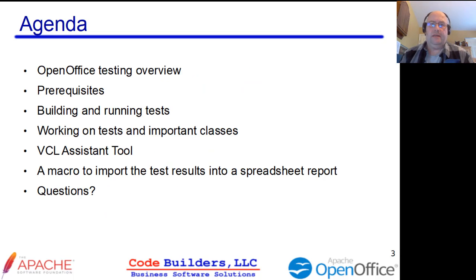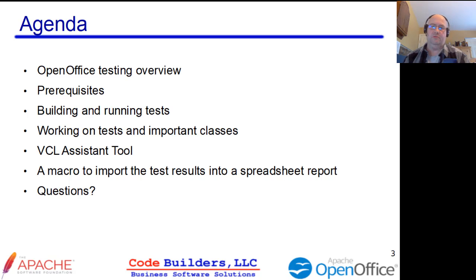The agenda for today: we're going to do an overview of the testing framework, some of the prerequisites that you'll need, go through building and running some tests, how to work on tests, and some of the important classes that you'll need to be aware of. We'll touch on the VCL Assistant tool, which is used for discovering and creating constants used in UI testing.